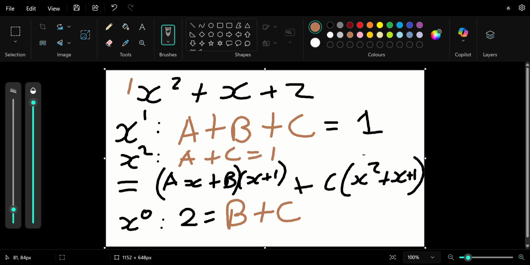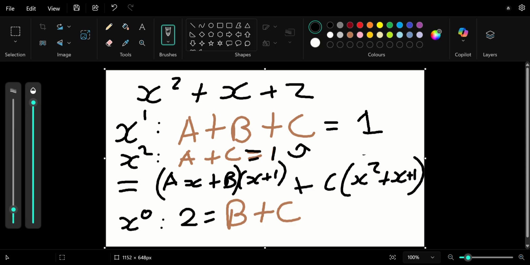So that's a plus c being equal to 1, because again, the coefficient is 1. Now, we have these 3 equations that we've formed, and you can immediately see that this equation here, a plus c being equal to 1, can be substituted into the equation above.